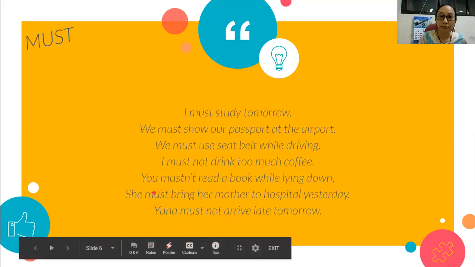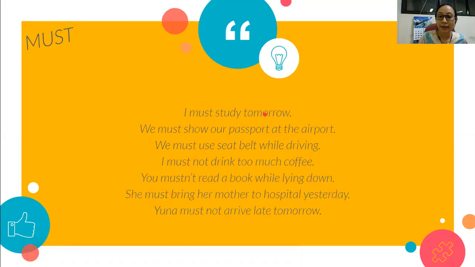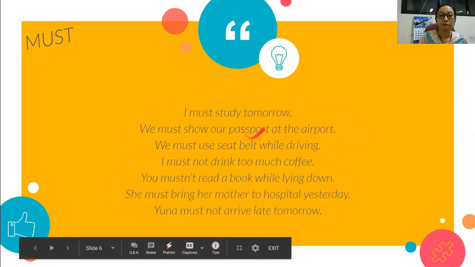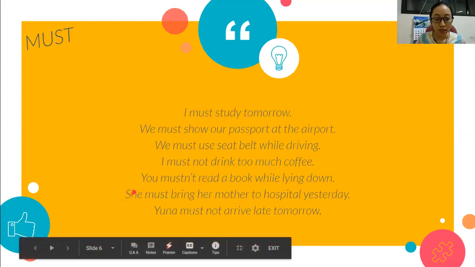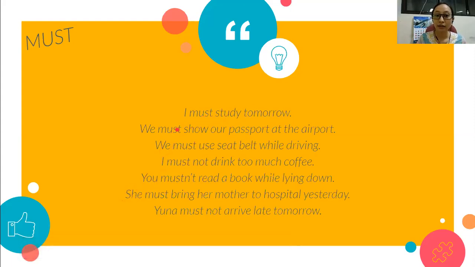Tidak ada perubahan bentuk, walaupun situasinya kemarin atau besok. Must tetap must. Dan juga subjeknya mau she, mau you, mau I, we, and so on, we still use must. Tidak ada penambahan apa-apa. And it is also followed by verb zero always. Original verb.